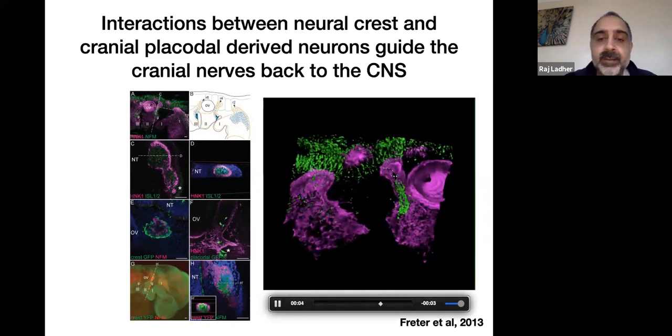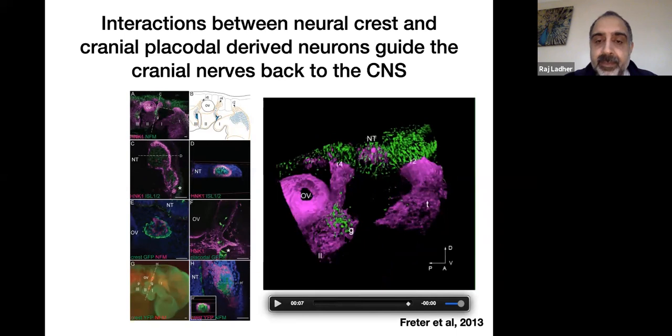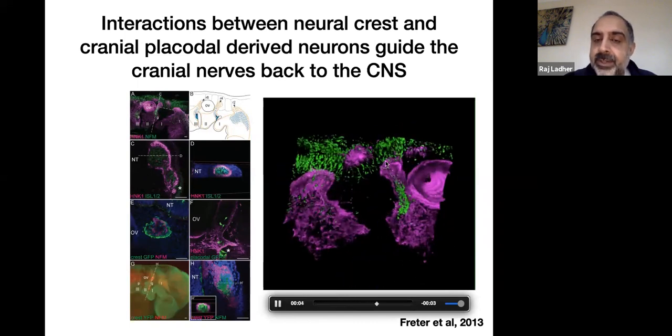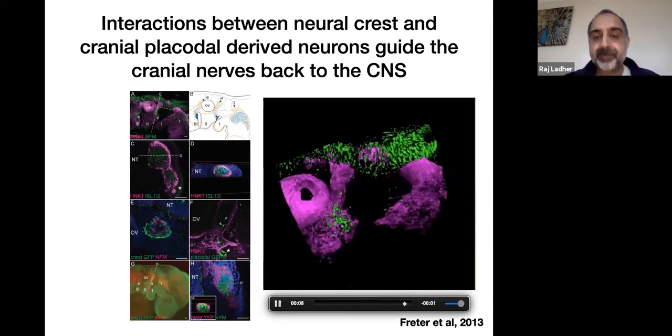This is the geniculate placode here. This is the geniculate neurons. They're being born outside of the nervous system. You can see here this crest stream from rhombomere 4. And when we look to see where these neurons are, you can see that they're traveling along this crest stream into the hindbrain.